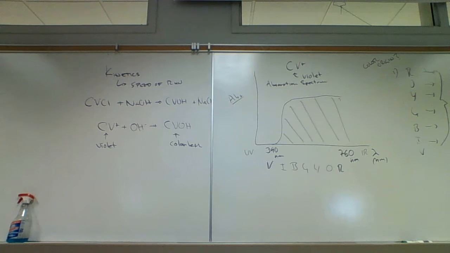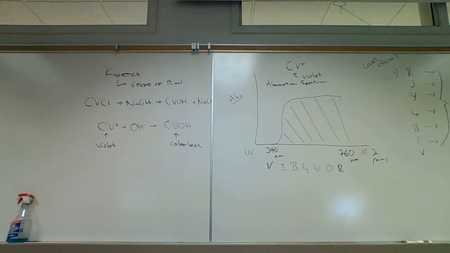But if something appears violet, so that's the color that we observe, it could be because we're absorbing yellow. If we absorb yellow and remove that out of the color wheel, then the remaining colors will combine to form the average of that, which would be violet here.